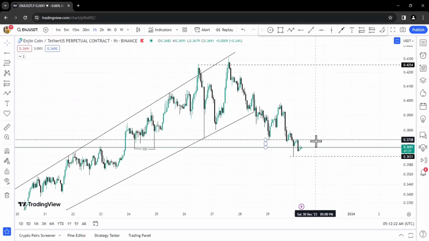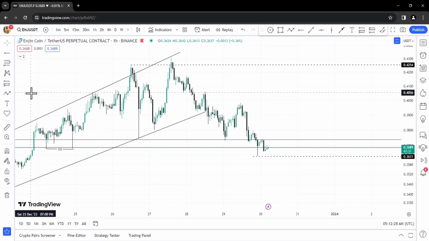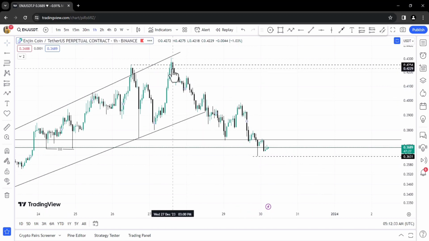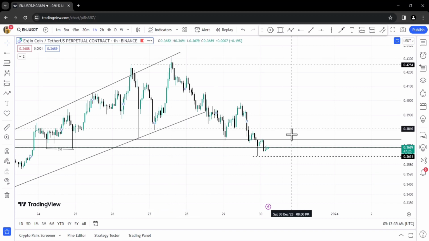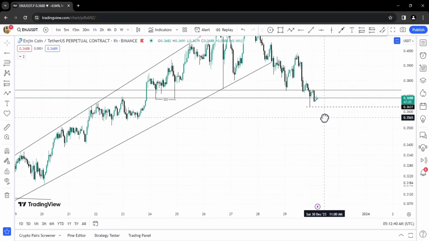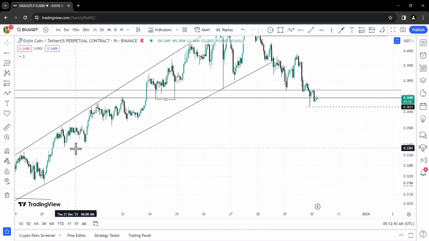So if the market decides to buy or shows signs of buying, of course I'll just be targeting these liquidity zones, for the market to come back and clear off. However, if the market shows signs of selling, I'll be targeting these liquidity zones here.